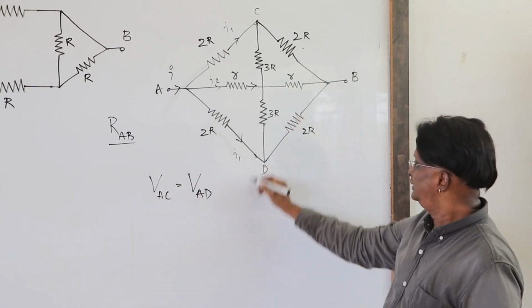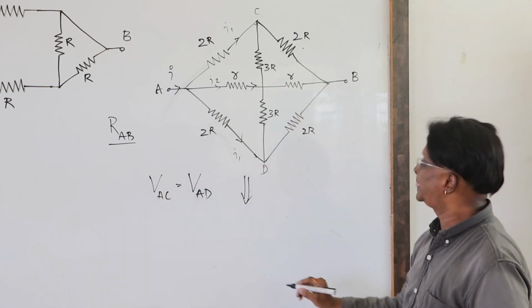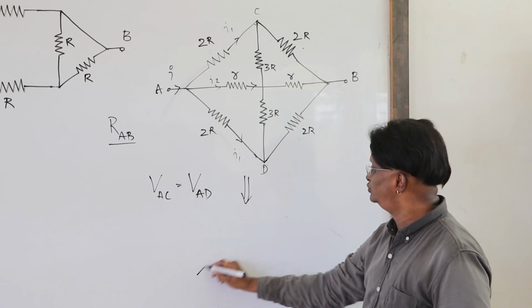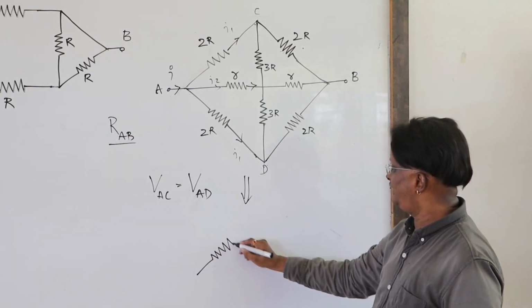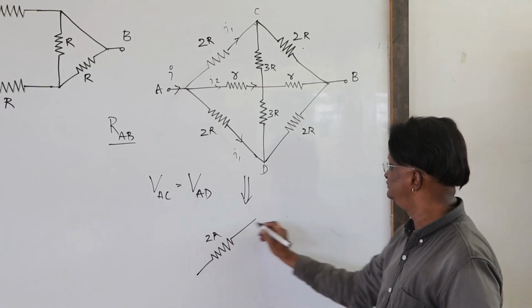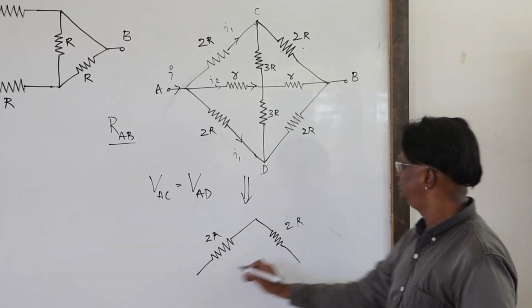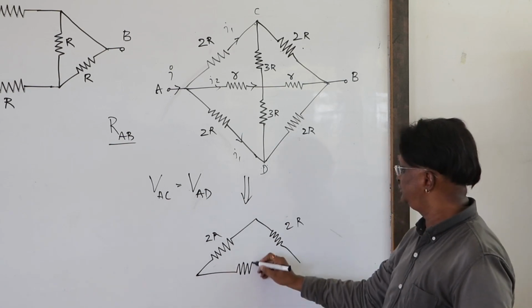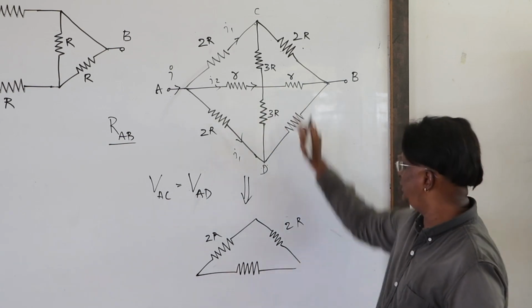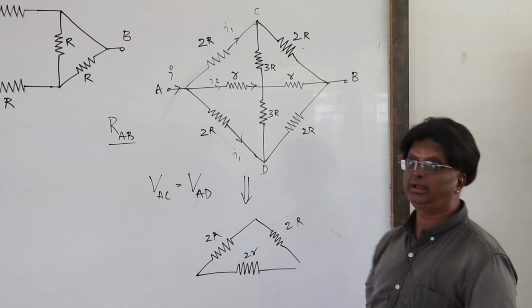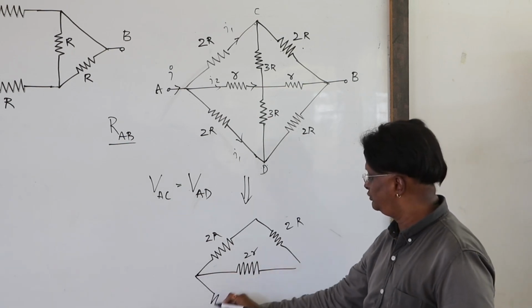Therefore, now this is redrawn, our new and final. This is 2R, and this branch is 2R, and now this branch is R, and R is 2R, and of course one more branch here.